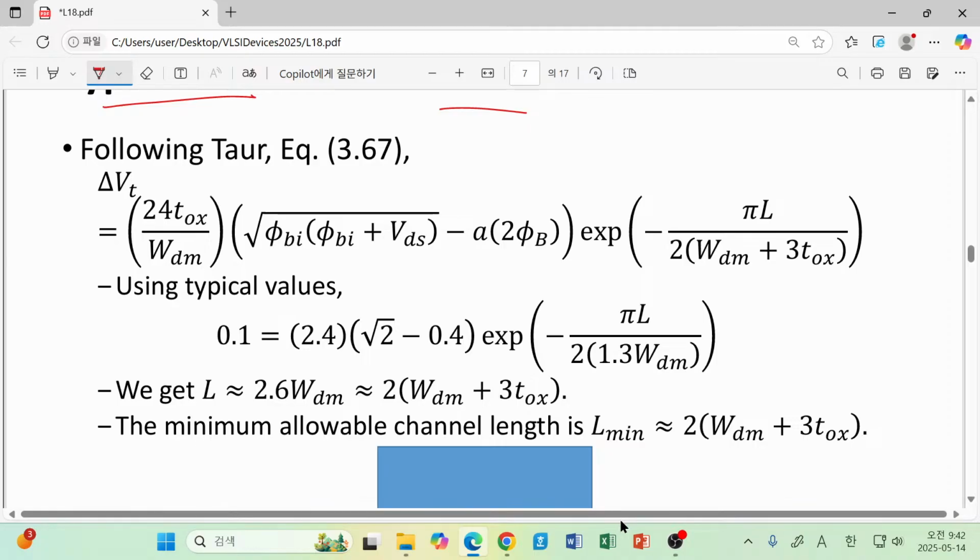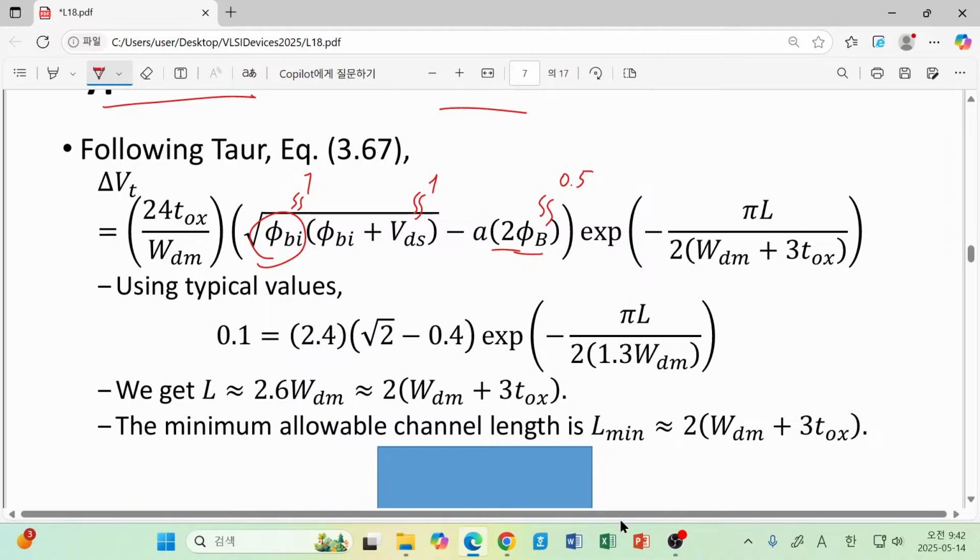That was like phi_BI. What is it? This is the built-in potential in our PN junction. It was regarded as 1. And drain voltage is also regarded as 1. Phi_B is regarded as 0.5, so 2 times phi_B is also 1. Is it really 1? Of course, it's not, but we wanted to make just a rule of thumb.